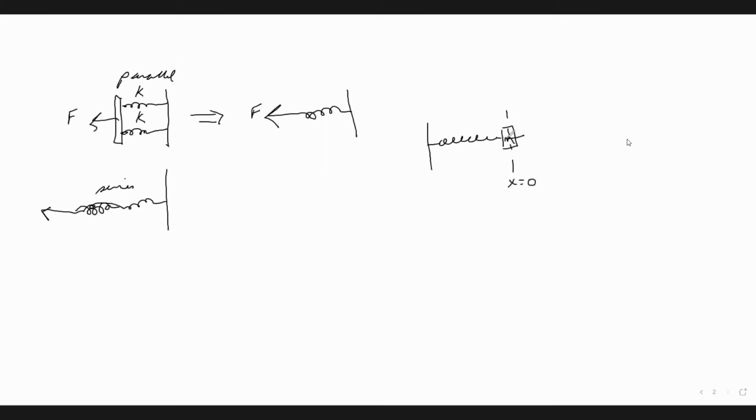Now, if I pull the spring such that x is equal to x1, then the force that the spring exerts is equal to Kx, where K is called the spring constant. And the units of K are newtons per meter, obviously from the equation.